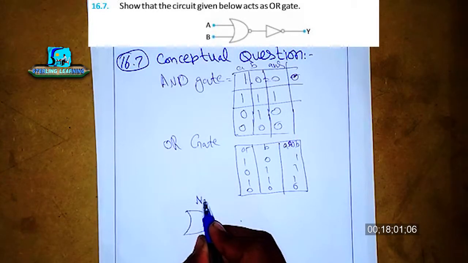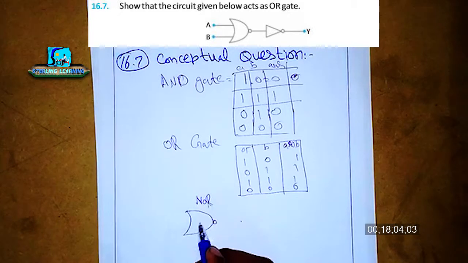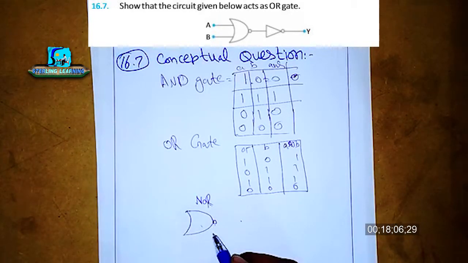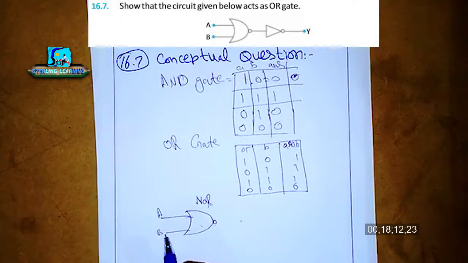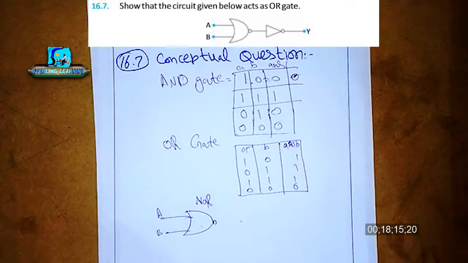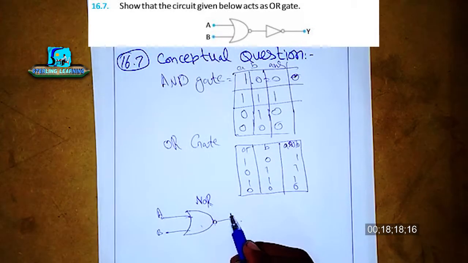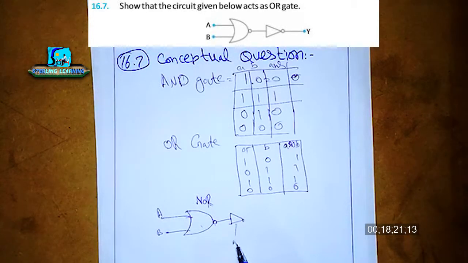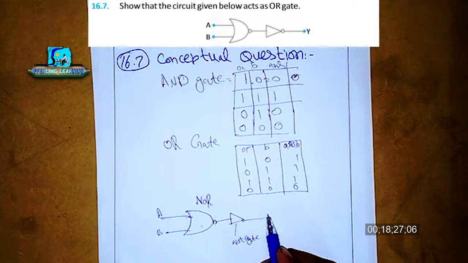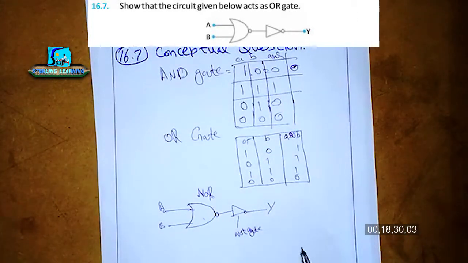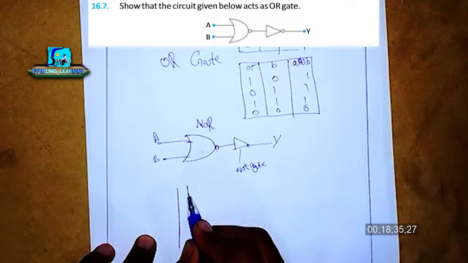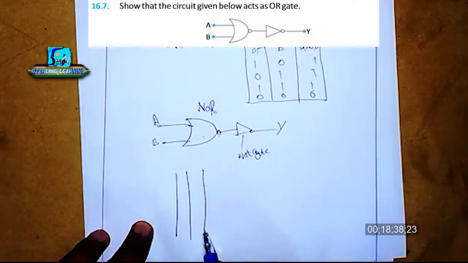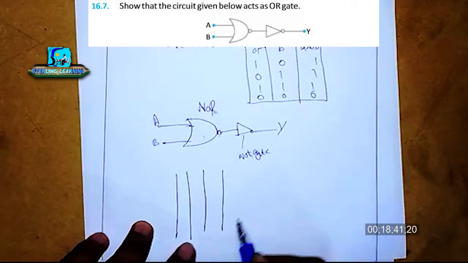This is a NOR gate, followed by a NOT gate. These are the inputs A and B, and the output is Y. So we can do it by simply drawing the truth table. This is called the truth table. We're going to draw the truth table for this as well.